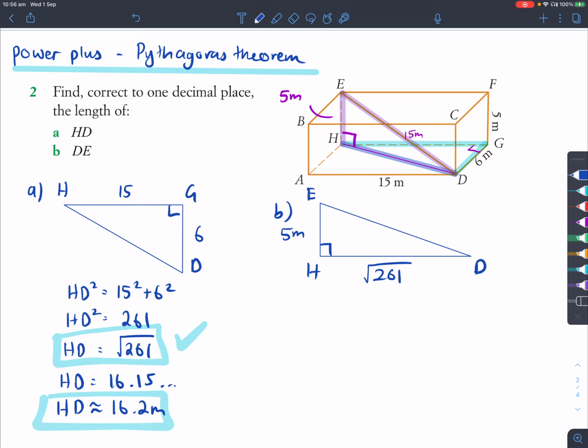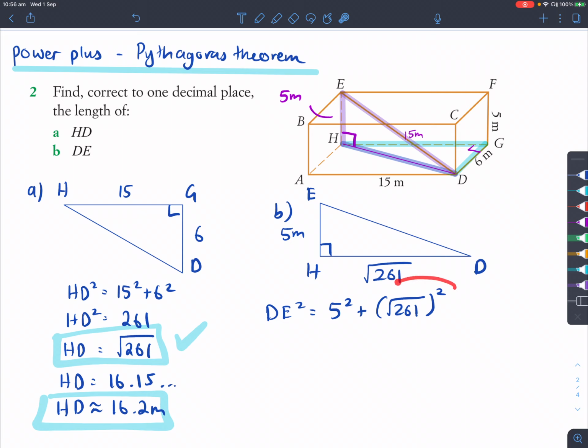So DE squared would equal the sum of the squares of the other two sides. So I'll have 5 squared plus the square of the square root of 261. Now notice how I said square of the square root. What happens is that the square and the square root will cancel each other because they're inverse operations of each other.